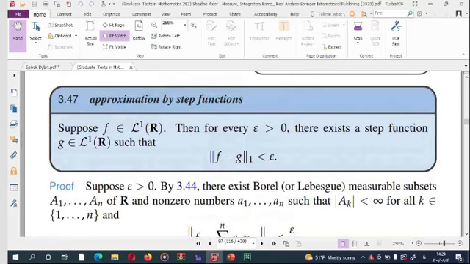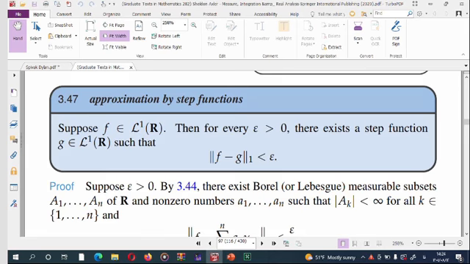We have approximating by step functions. Suppose f belongs to L1 of R, then for every epsilon there exists a step function g with this property.